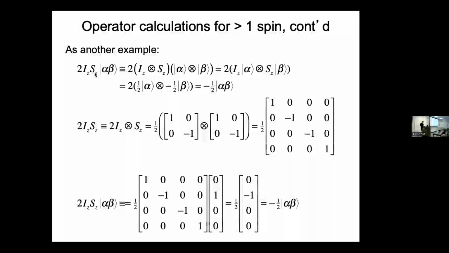And the SZ operator to the beta state will give minus 1/2 beta. Then 1/2 times minus 1/2 is minus 1/4, and then this 2 gives minus 1/2 alpha beta. And again, I can figure out what this matrix is by doing the direct product. So here's the matrix. I multiply the matrix by the vector for the ket, and I get the same answer as from the symbolic manipulation.